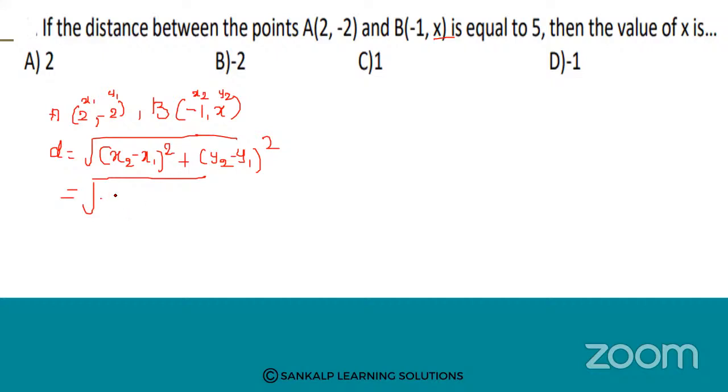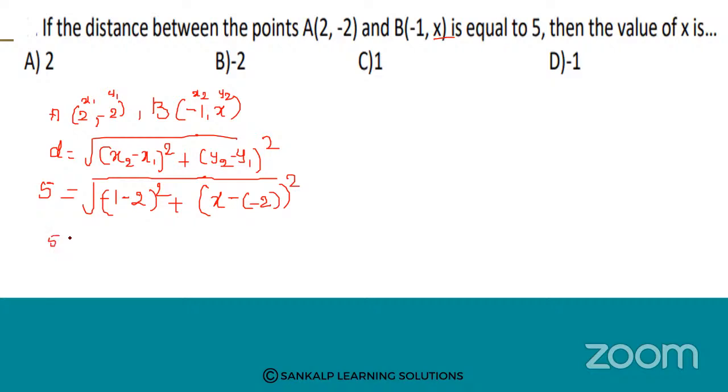It is -1, right? -1 minus x1, what is it? 2, okay, whole square plus y2, y2 value is x, minus y1 value is -2, okay, (-2) whole square. Next, these two values are equal to 5. 5 means D is 5.